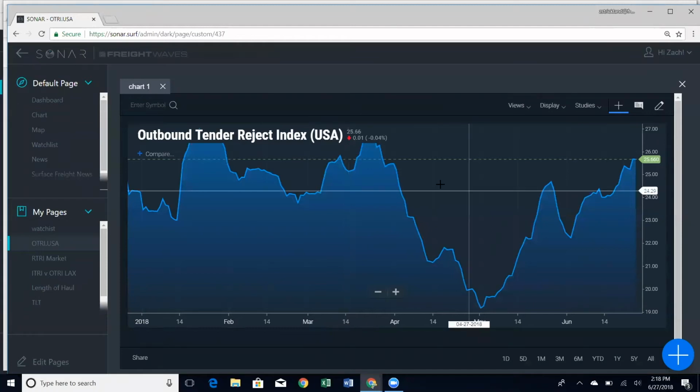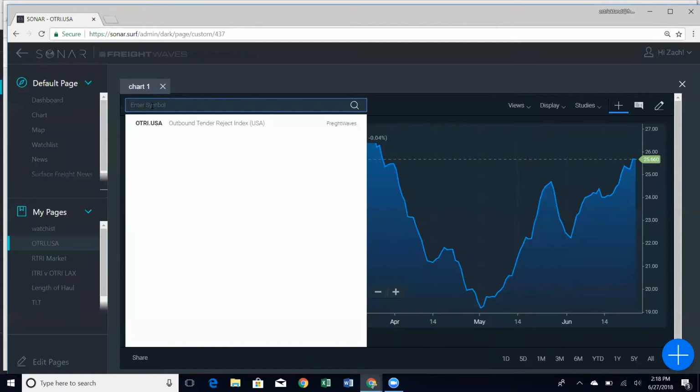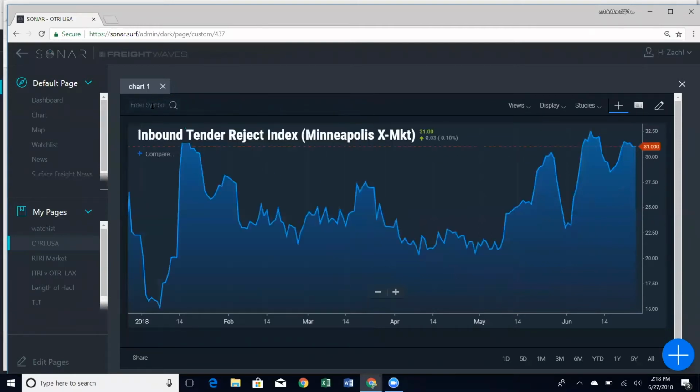But then you have markets like Minneapolis, for instance, which I'm going to pull up here on the ITRI. You see that the ITRI in Minneapolis is actually quite elevated, especially as it pertains to the market itself. It's sitting up here at 31%.